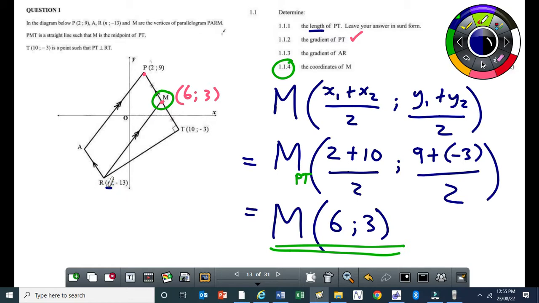Now, based on the information that we are given here, I'm sure you can see that PT is perpendicular to TR. And I spoke about perpendicular lines. What did I say about perpendicular lines?